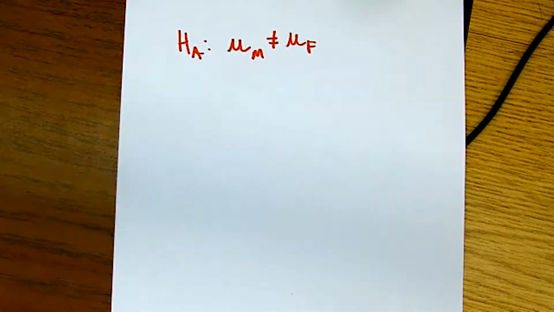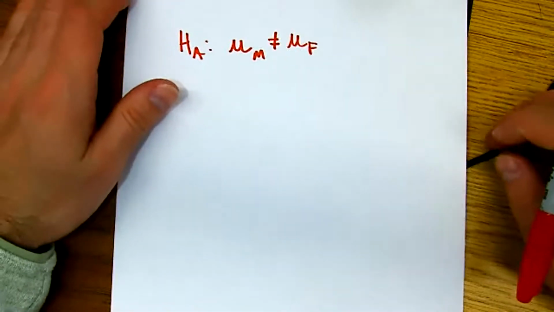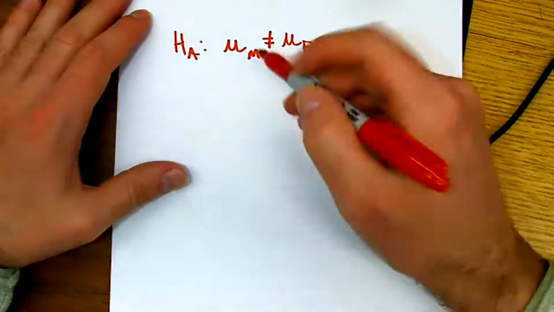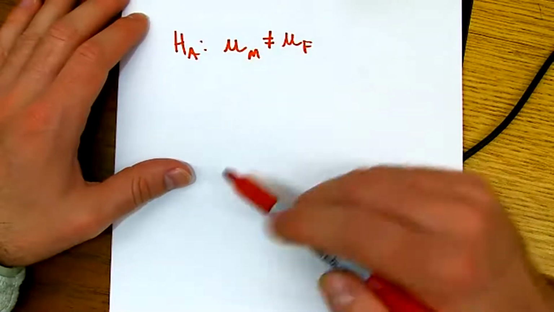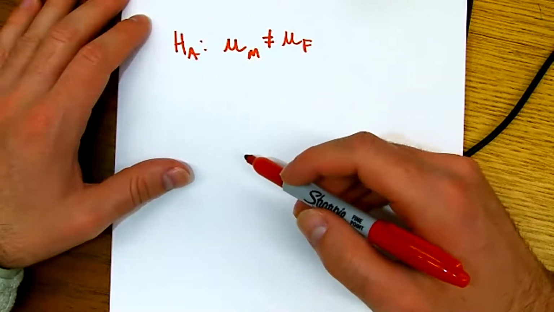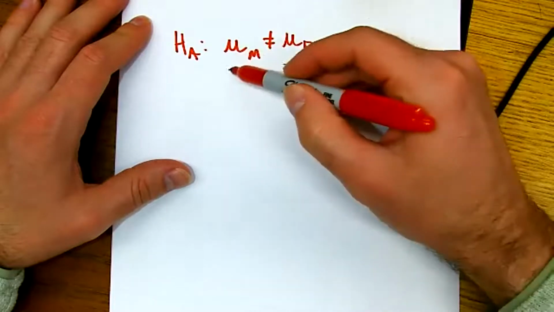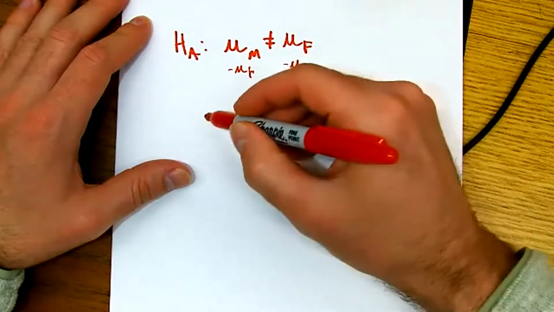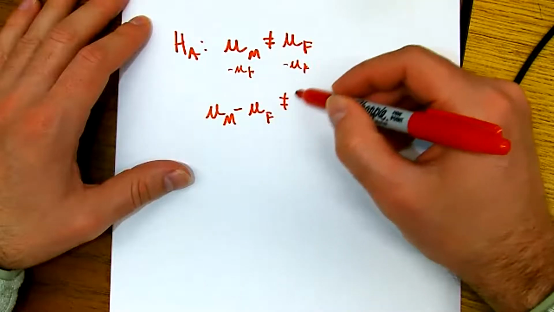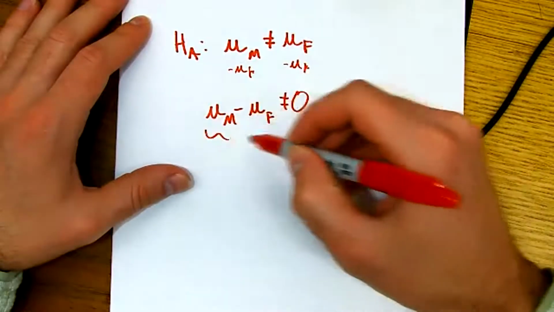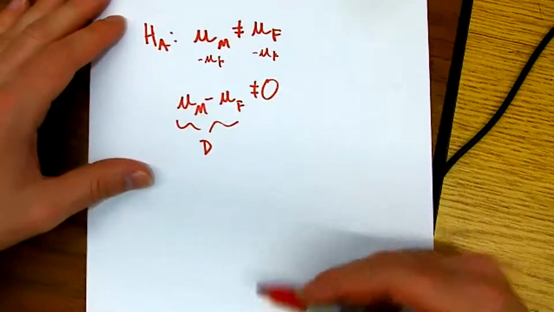Well, just like with one population, this different than phrase should signal to me that I've got a two-tailed test, which is like I have a not equal sign in my alternative hypothesis. The problem is I need to write this out in terms of the difference, right? Well, if I just subtract the average female from both sides, I would then end up with the male mean minus the female mean is not equal to 0, which is another way of saying that the true difference is not equal to 0.